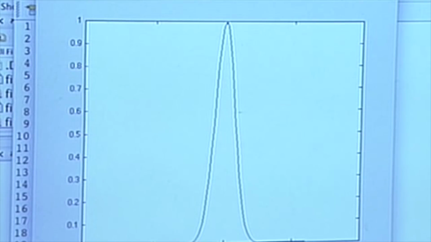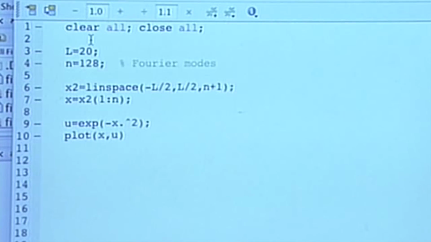Very simple idea. Here's how easy it is: we call it ut, the transform of u, equal to FFT of u. We're done. So in theory, let's plot ut, the Fourier transform, and run.